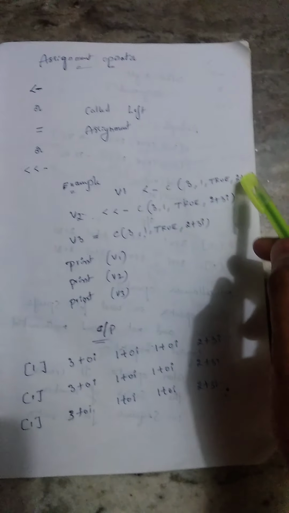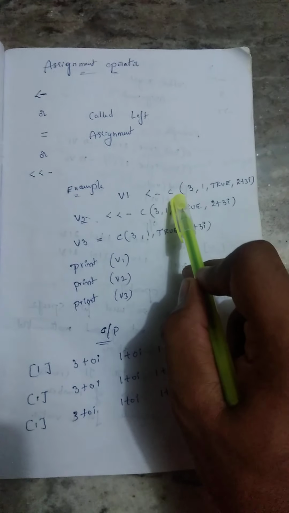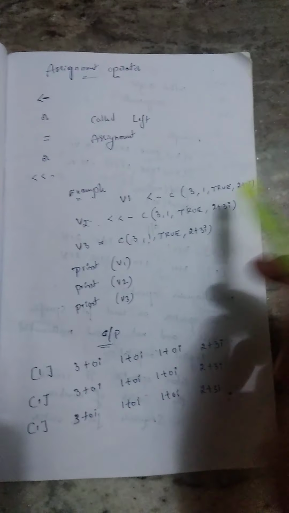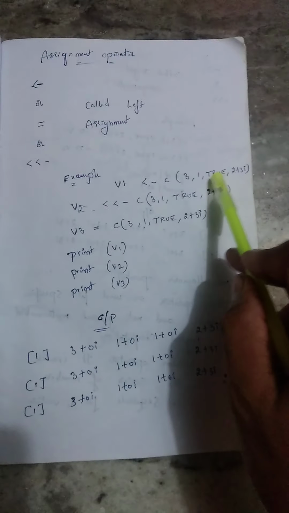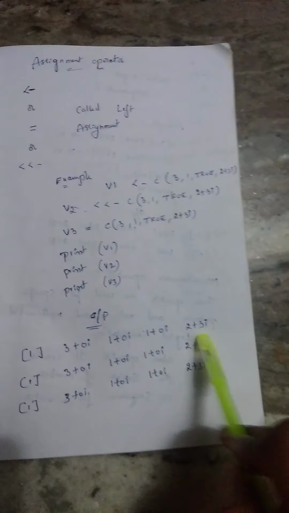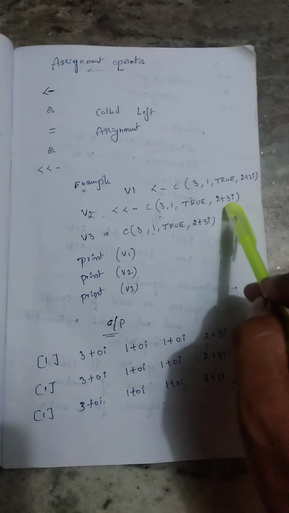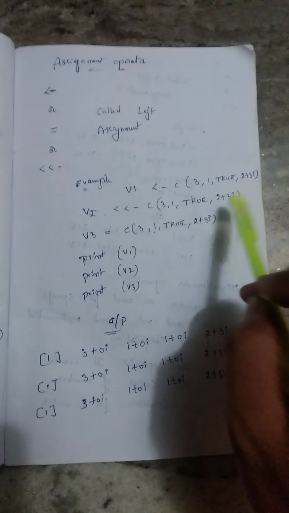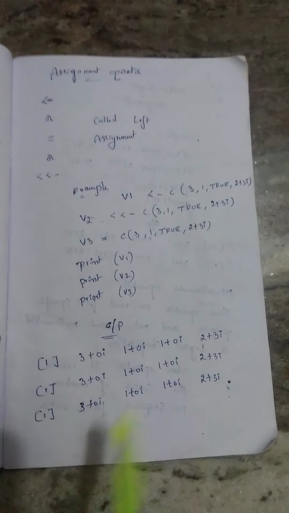Because one of the elements is a complex number, while passing with the C function, automatically the rest of the elements are complex too. This is 3 plus 0i and 1 plus 0i. True also means 1 plus 0i. This is 2 plus 3i. The second and third vectors are in the same format, because one of the elements is in complex format, a plus bi, and the rest of the elements must be printed in complex format.